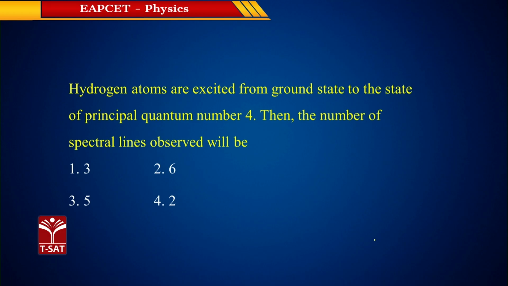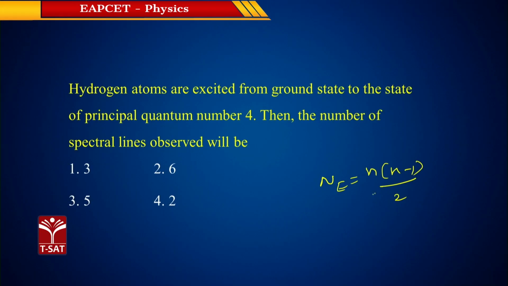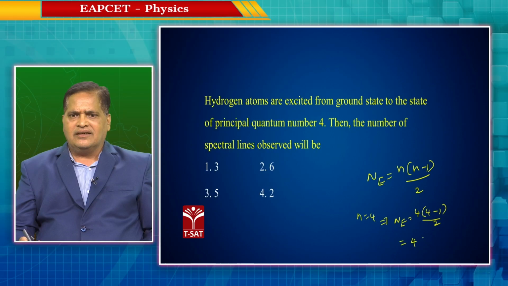Then the number of spectral lines observed will be: the formula is N = n(n minus 1)/2, children. Here n is equal to 4, given. Substituting 4, N is equal to 4 into (4 minus 1) by 2, that is 4 into 3 by 2.